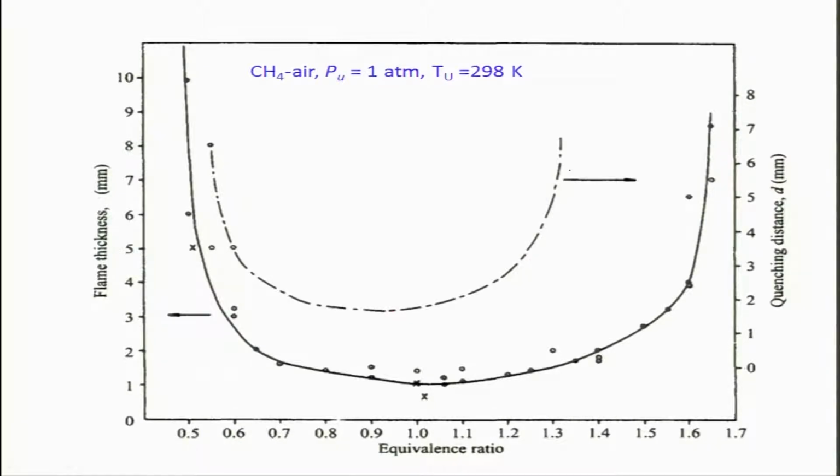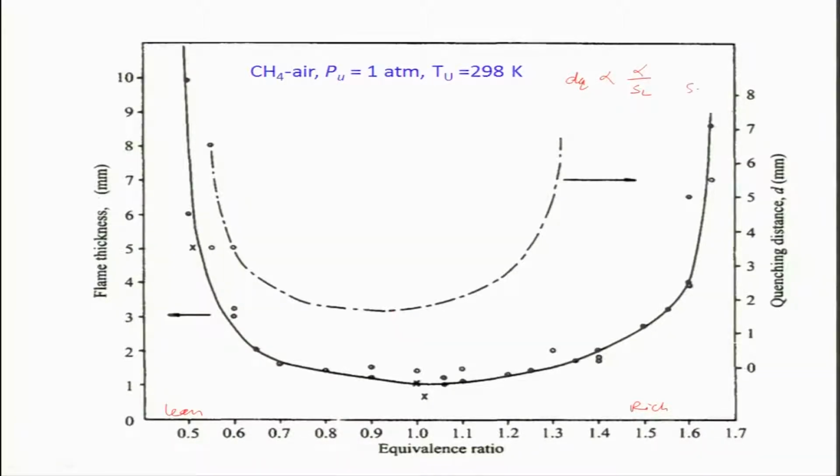As you go towards the rich mixtures and the lean mixtures, this is the lean side, this is the rich mixture side, the quenching diameter increases. Why? Laminar burning velocity is decreasing, because dq is inversely proportional to alpha by SL.